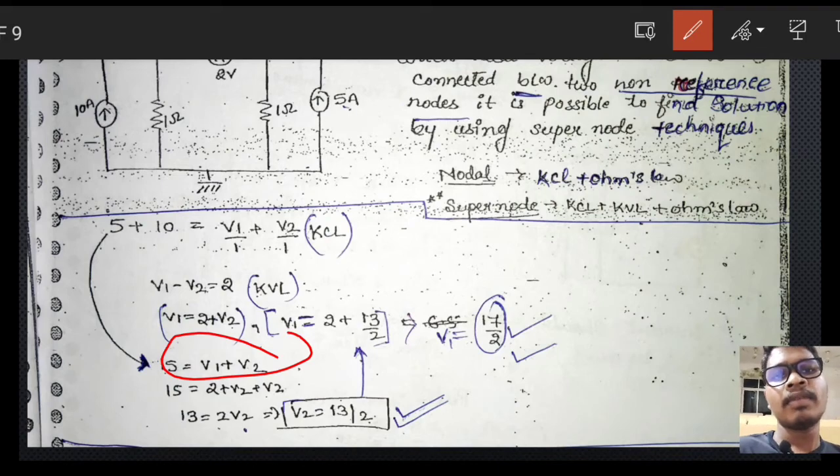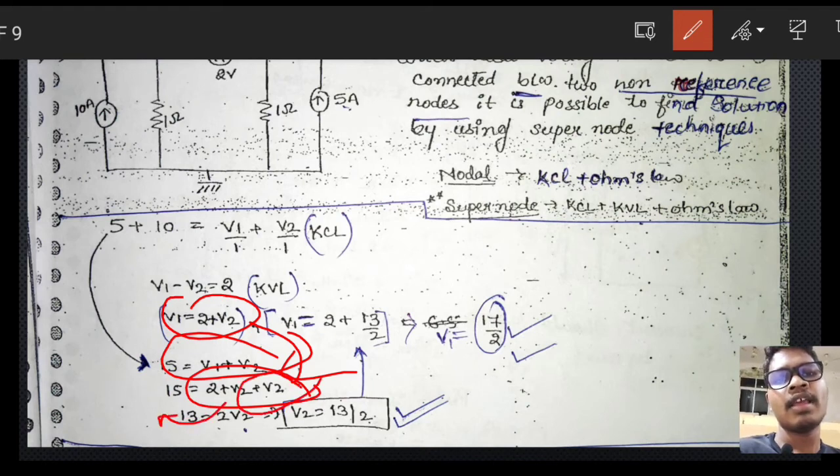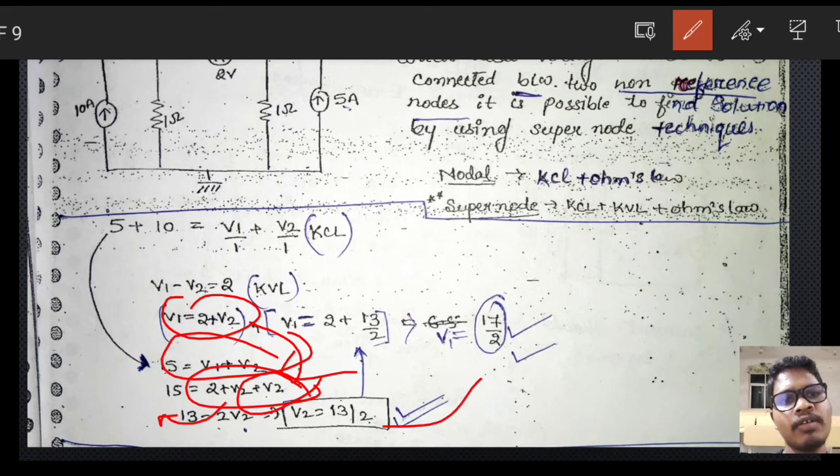Now put the V1 value here, that is 2 plus V2. So 2 plus V2 plus V2 is equal to 2 V2 plus 2, and 2 will be transferred to the left hand side, so minus 2. So 15 minus 2 is 13. 13 is equal to 2 V2, so V2 is equal to 13 divided by 2.